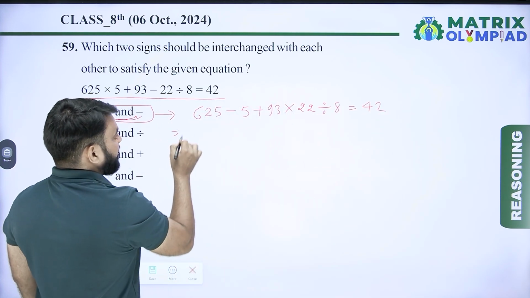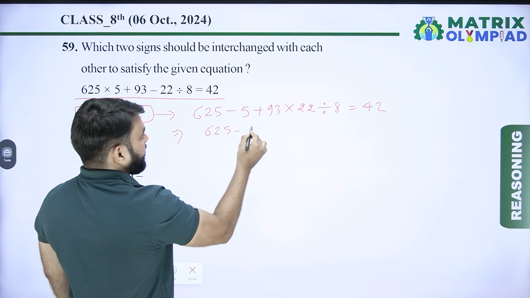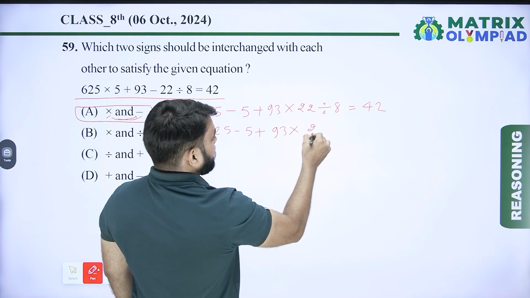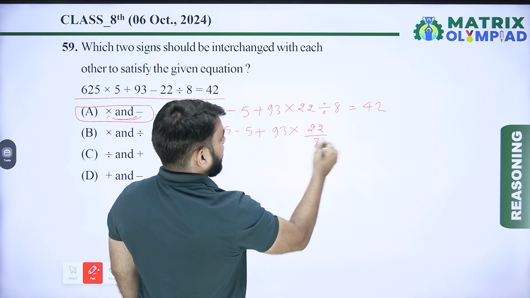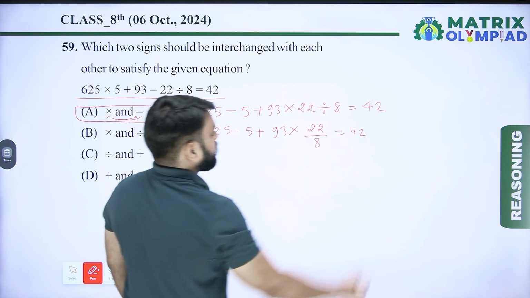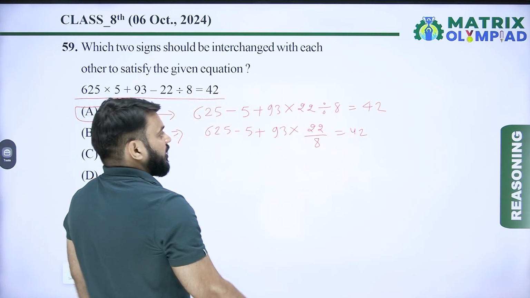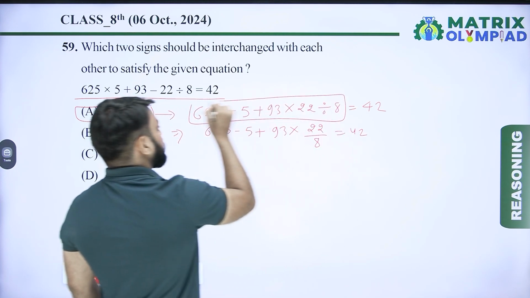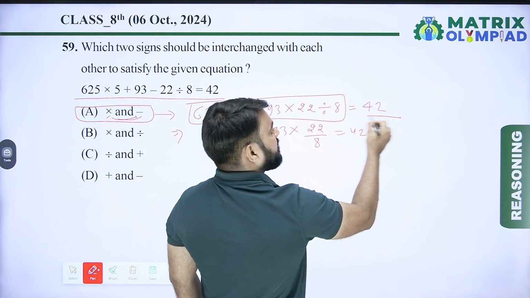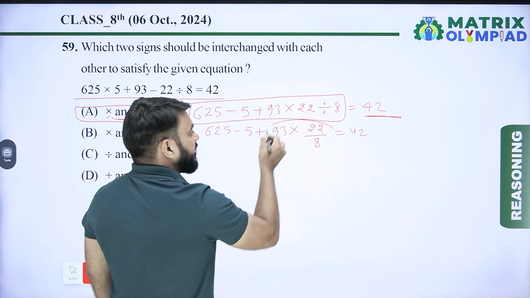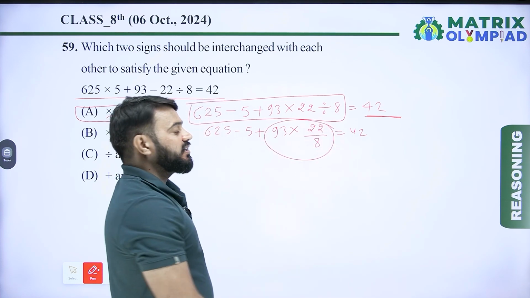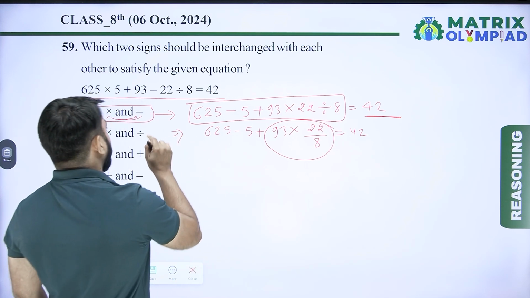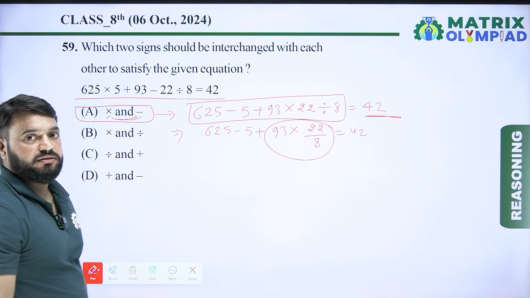So first divide: 625 minus 5 plus 93 multiplied by 22 divided by 8. The value of the given equation is not a natural number, and the product of these numbers is not a natural number either. So that's why option A is the incorrect option.